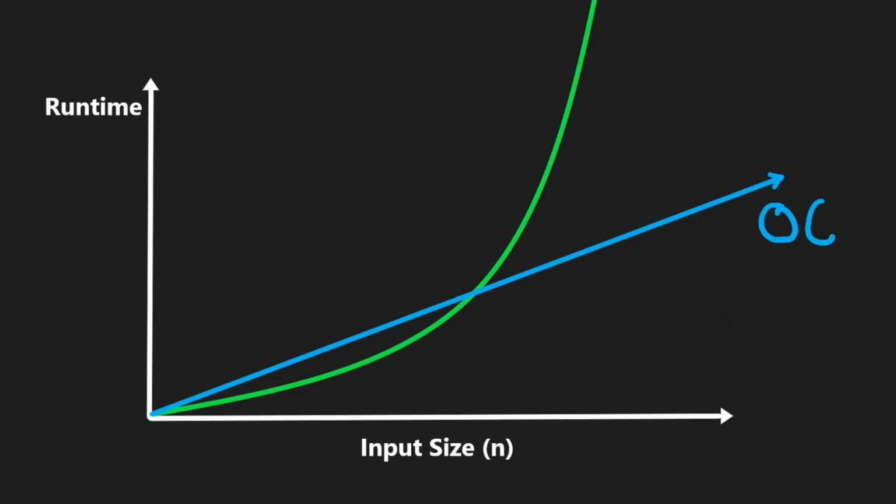Suppose this line is representing our n line. As the input size grows, the runtime is also going to grow, but it's growing linearly, right? It's a straight line. But if we had a runtime complexity of n squared, now this is a 2, but this isn't the type of constant I'm talking about because this is being raised to a power of 2.